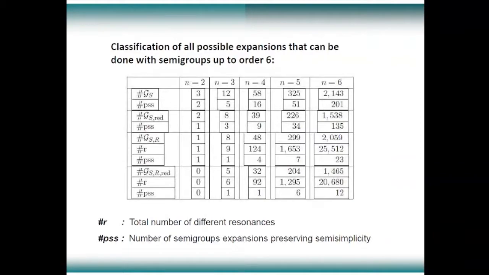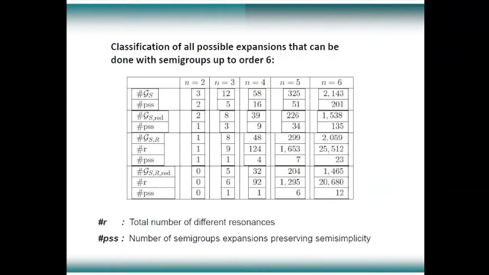For more semigroups or higher orders, we can use the graphic, but we have similar results in this case. For example, for order 6, we have general expansions and 201 of them result in semisimple algebras.